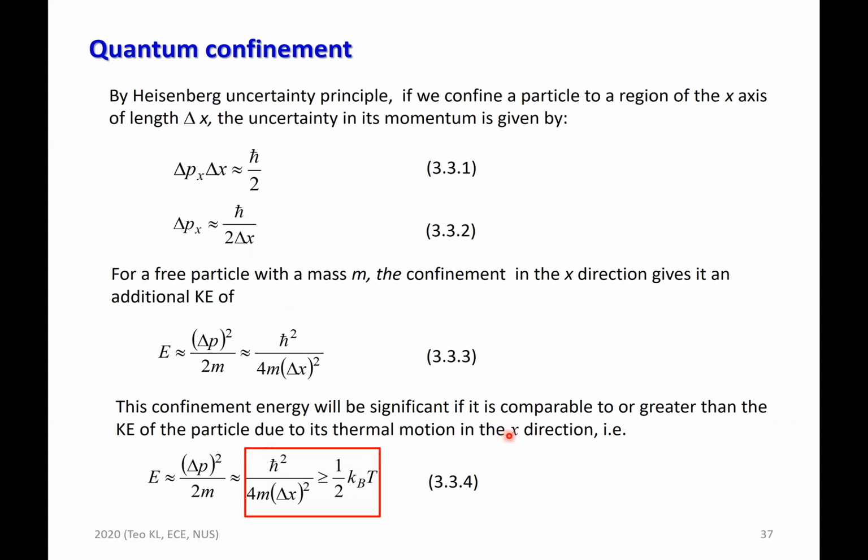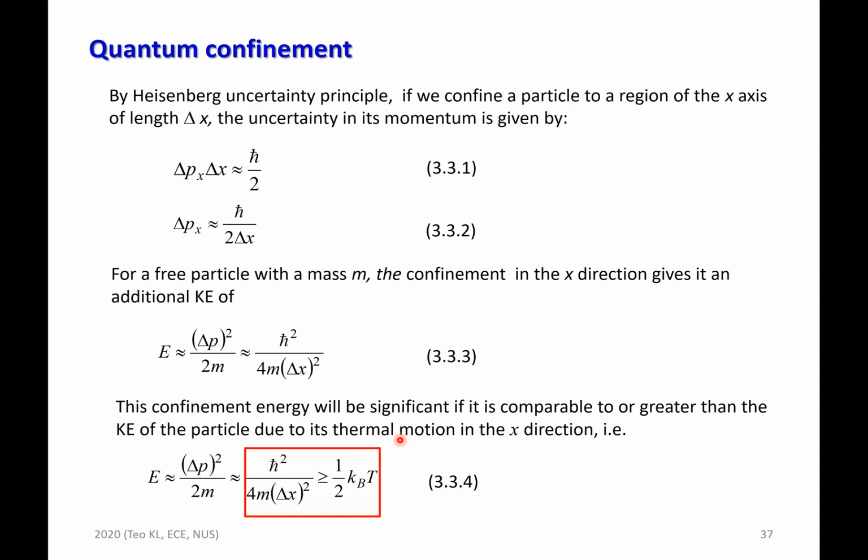Always remember that particles are always moving in random motion in the semiconductor, due to thermal motion, due to temperature. The thermal motion is measured by the thermal energy of kT.